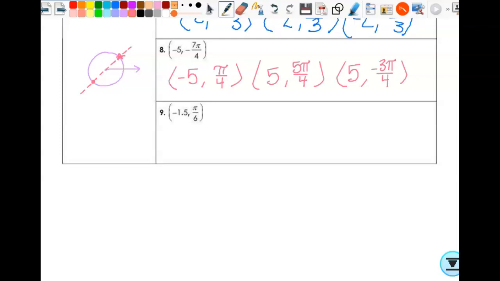Good observation. Okay, so you do number 9 on your own. I'll go ahead and plot the point just to make sure that we're all on the same page here.